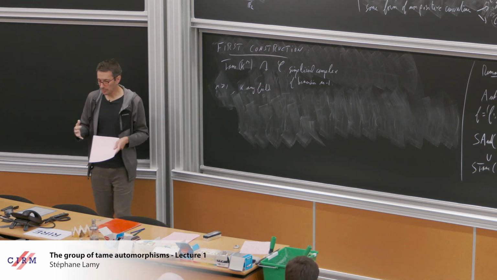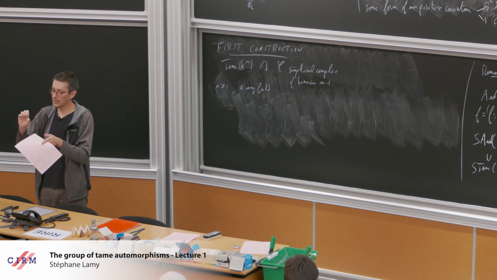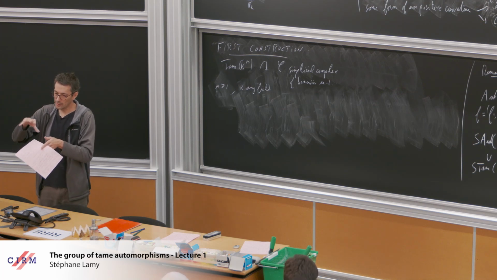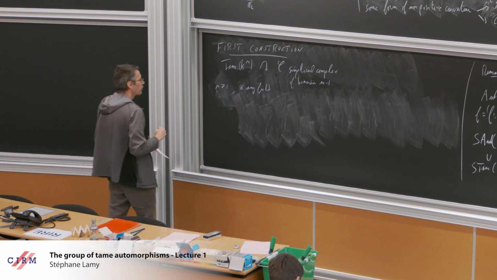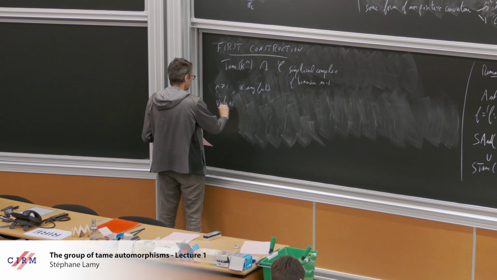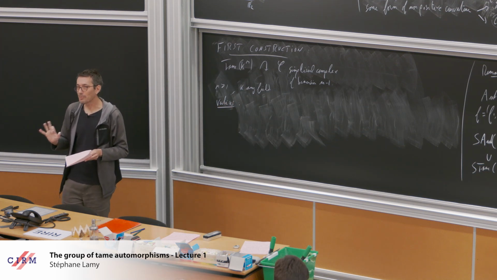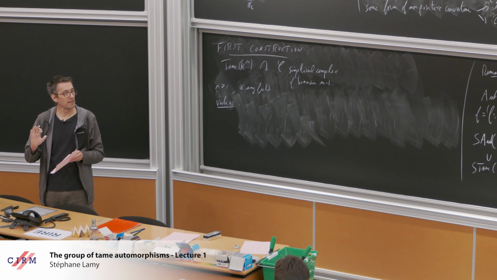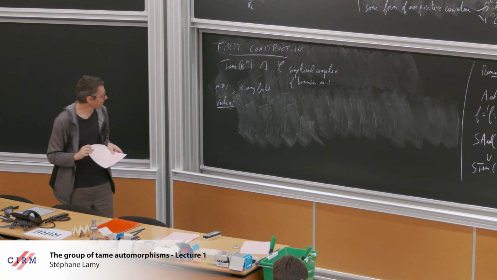So I want to define a simplicial complex. I have to give you the vertices of this complex, and I have to explain how I glue some simplexes on my vertices. So first, what are the vertices? It's an abstract definition. Vertices are equivalence classes of maps.